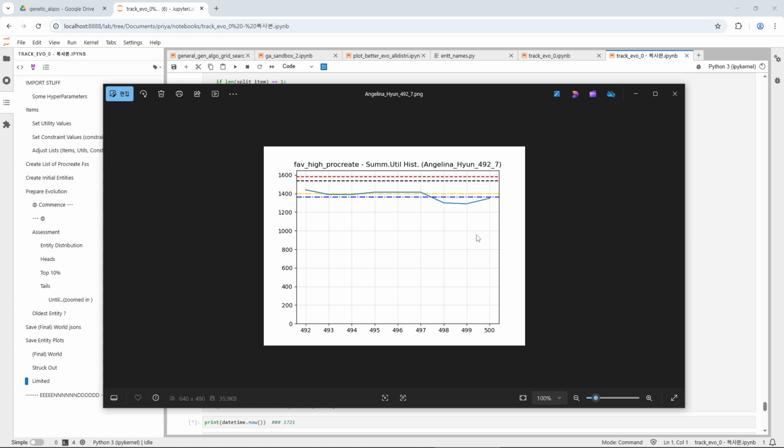For example, this one and this one stayed almost the same for 1, 2, 3, 4, 5, 6 generations, which is kind of rare.